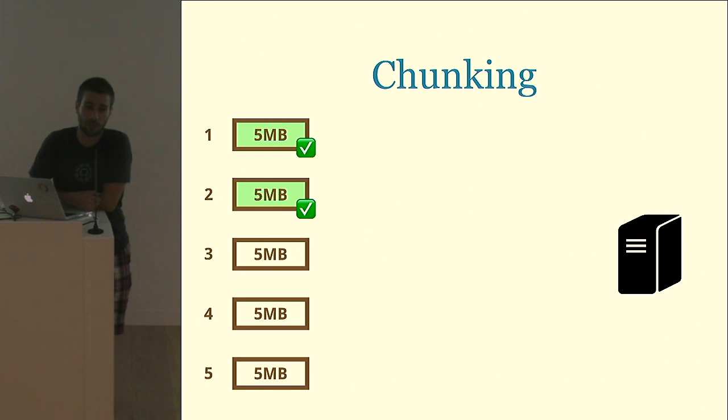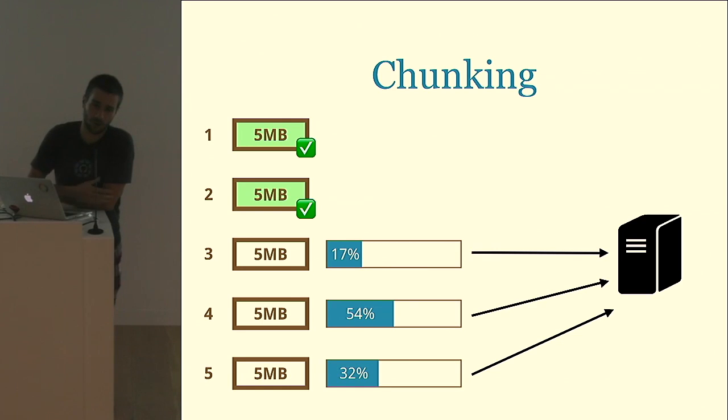What's really nice is that the client, for example the browser, can automatically retry that in the background. The user doesn't even have to know that they are on a flaky connection and that they didn't have internet for a short period of time. What's also cool about chunking is that you can upload multiple chunks in parallel, which can improve the overall speed of the whole upload.